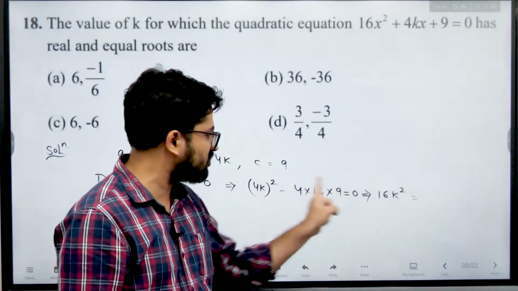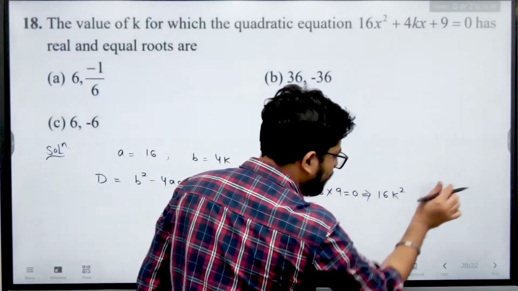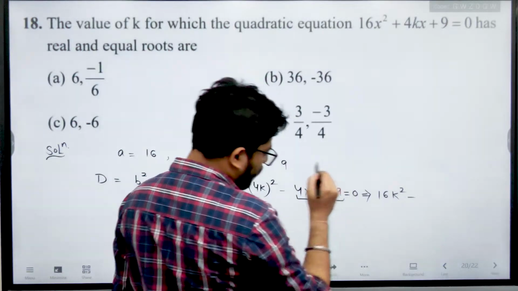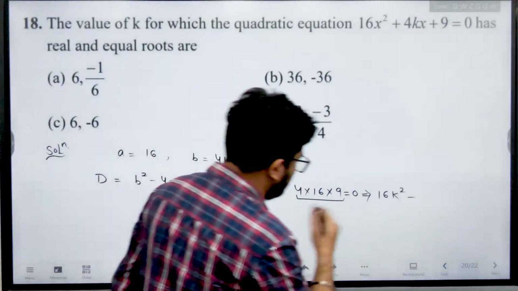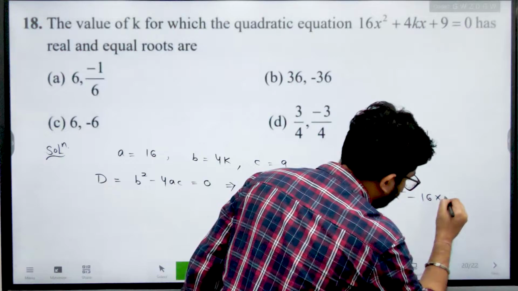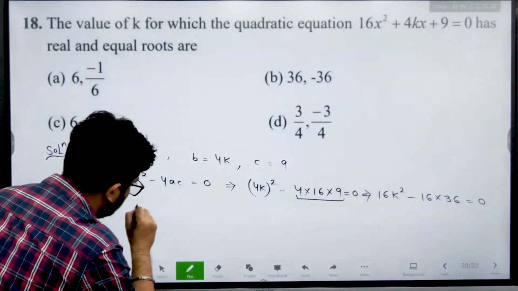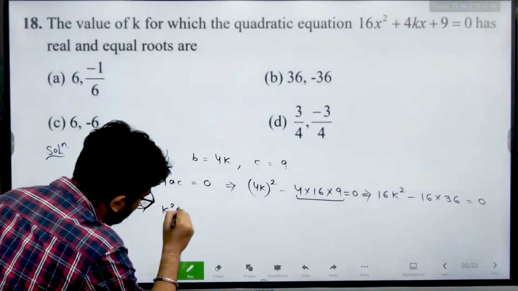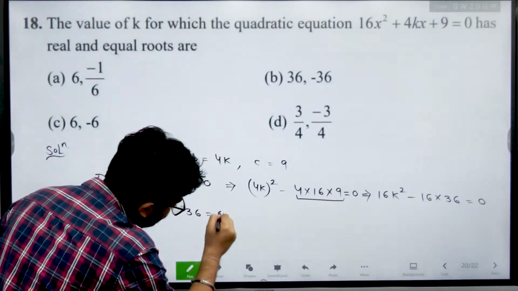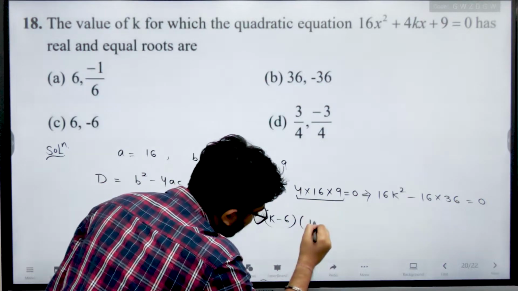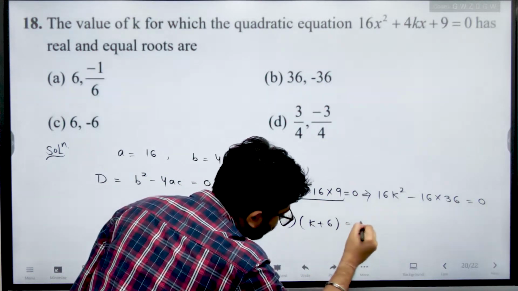Now this implies 16k square minus 16 into 4 into 9, that's 16 into 36, is equal to 0. You can divide by 16, so you'll get k square minus 36 is equal to 0. So this is equal to k minus 6 and k plus 6 is equal to 0.